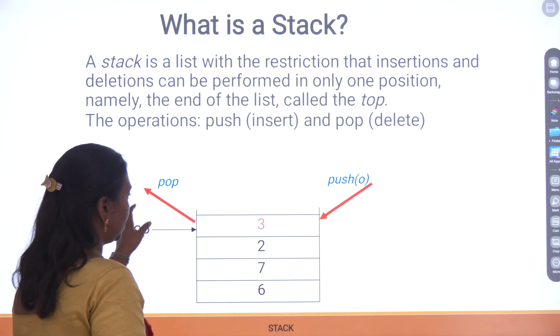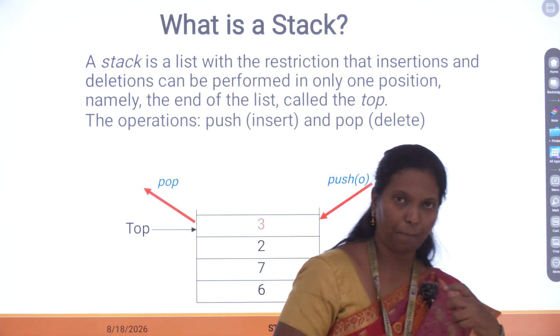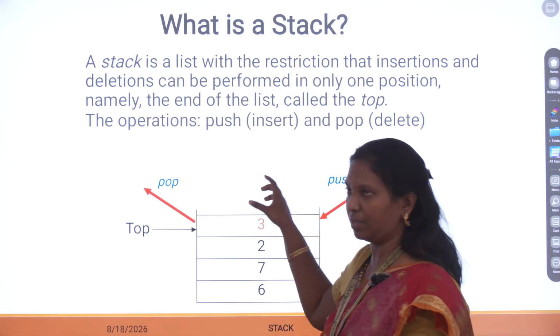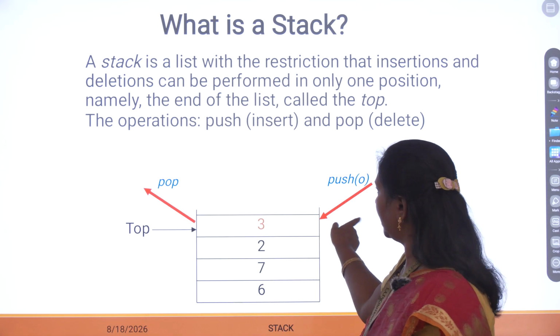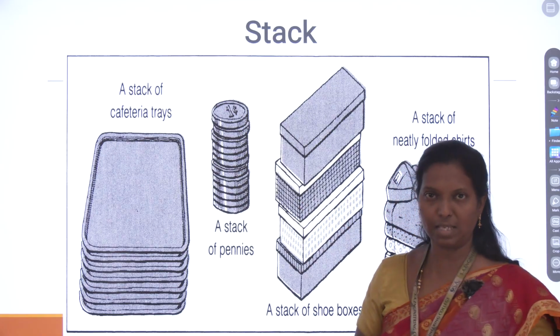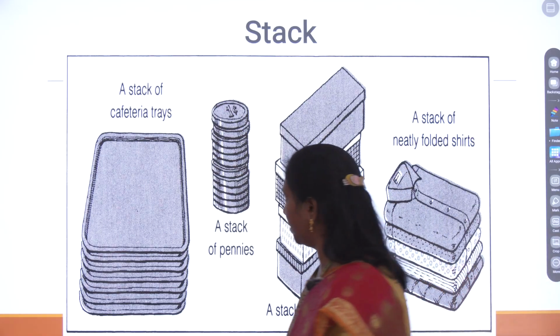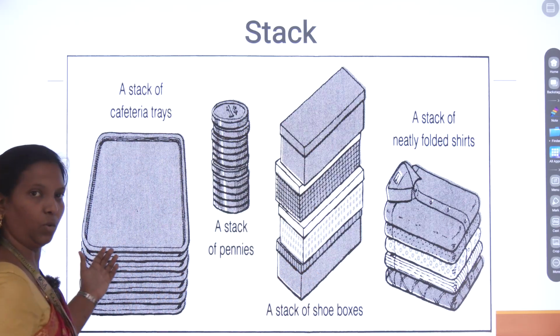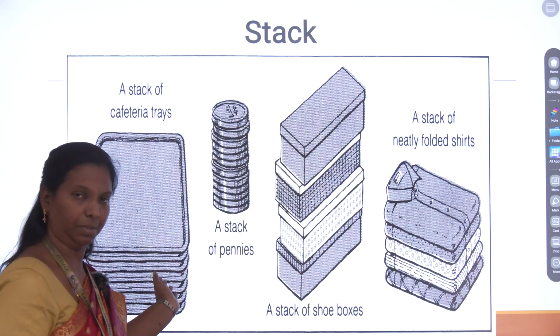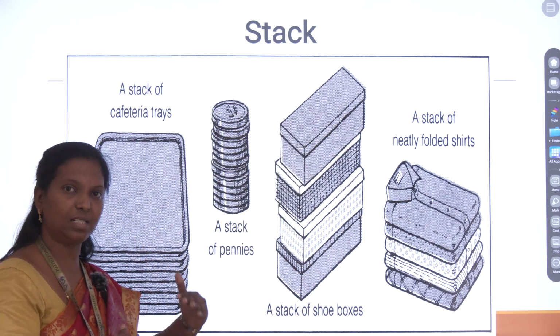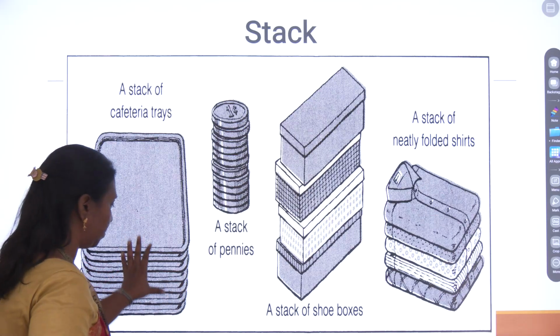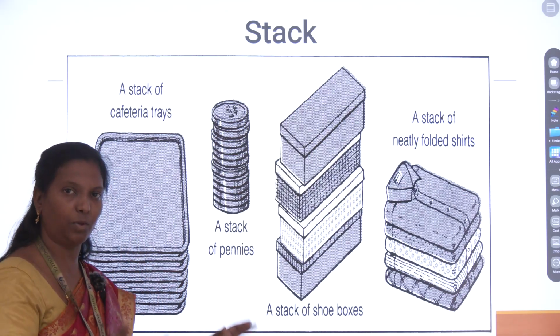I am going with a proper level of implementation, starting with the introduction, and then examples where we can apply these ideas. For example, consider a stack of trays, whether 10 or 20 trays.